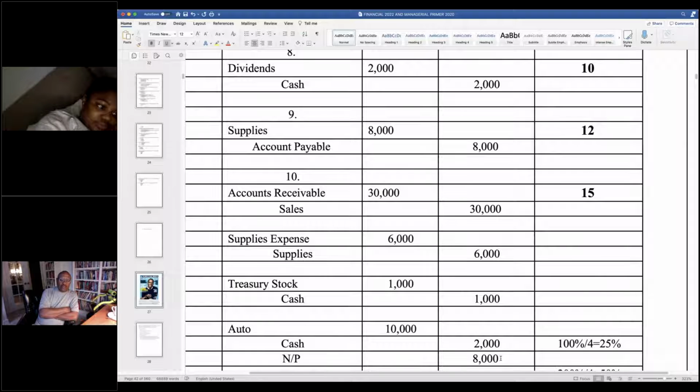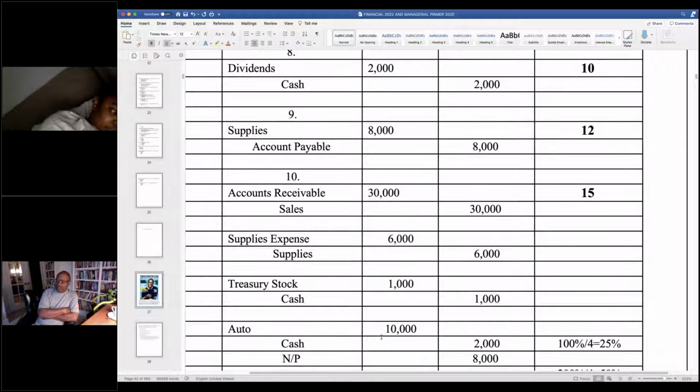So what I want you to do is give me the entry to record depreciation expense at the end of the first year, if the auto has a 4-year life and we're using double declining balance and 3,000 salvage.